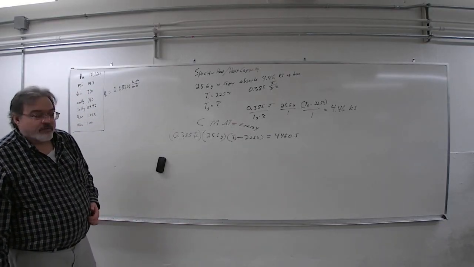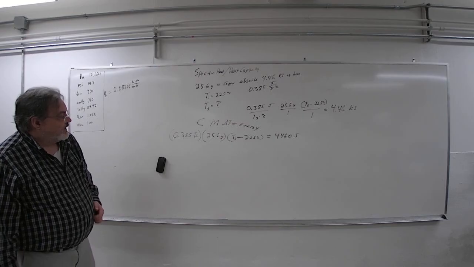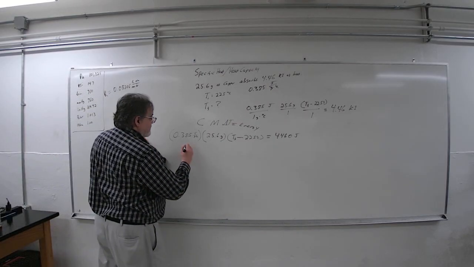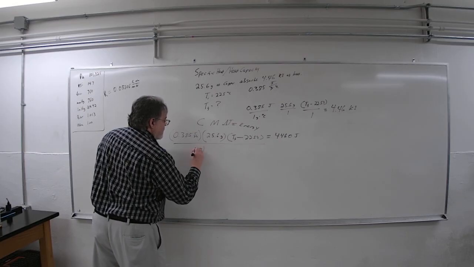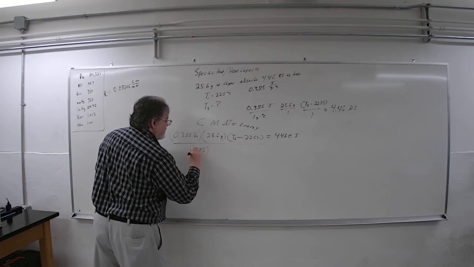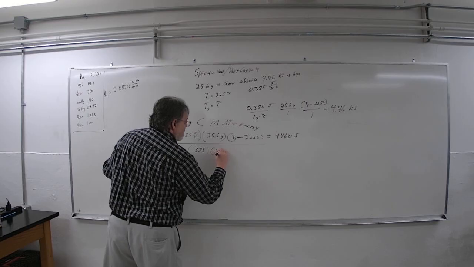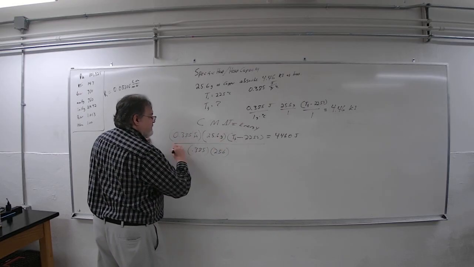Okay, so I'm just solving for temperature final here. If I divide both sides by 0.385, those cancel out.